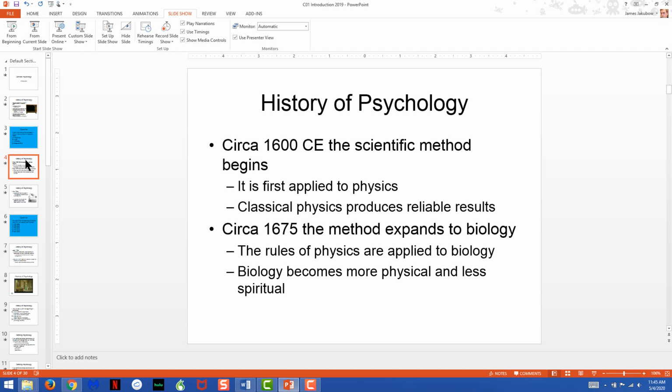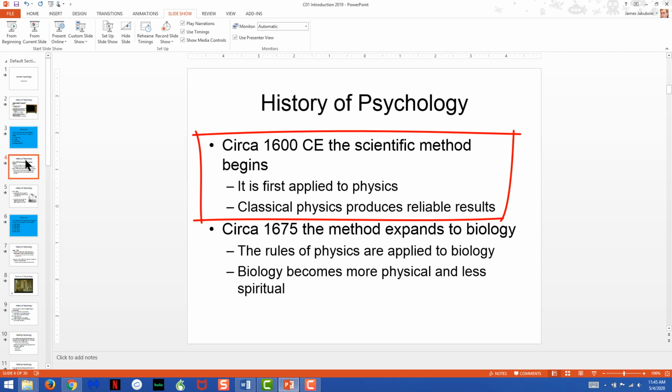Through that lengthy period of philosophy that is both secular and religious, by the time 1600 rolls around, people that had called themselves philosophers or natural philosophers begin developing the scientific method. Now, the scientific method does not develop all in one day, and it's not attributed to one particular individual who was some great genius that pulled all together the components of methodology for science.